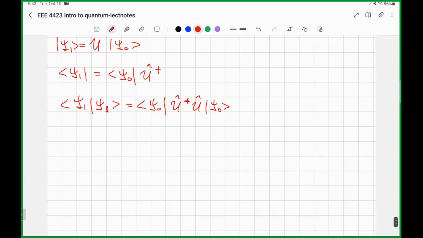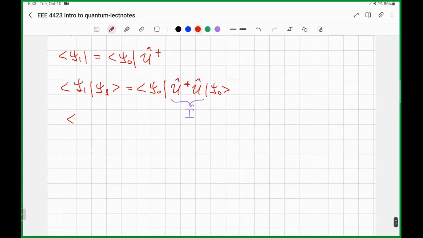So I require that this is equal to the identity matrix. And if it's so, then the dot product of both vectors is the same.